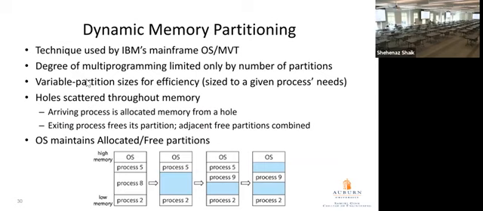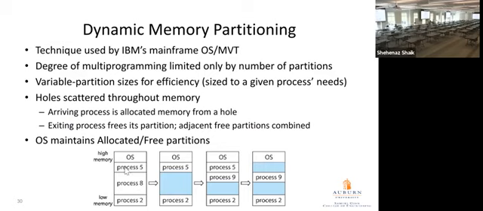do is consider the entire available memory capacity, the entire free memory capacity, as one single whole, as a big chunk of memory that is available. Okay?